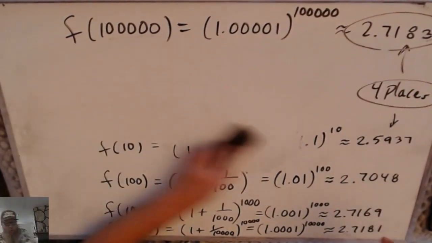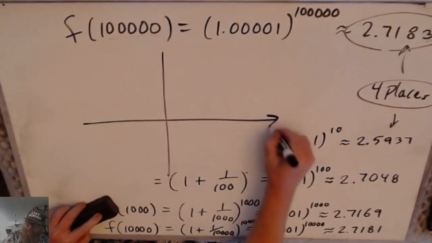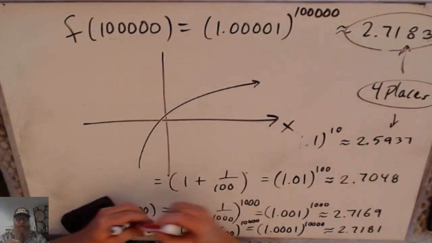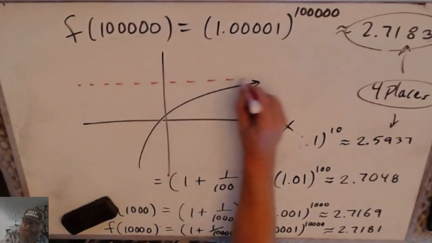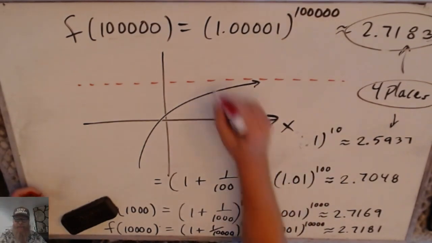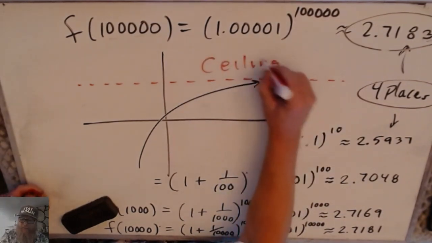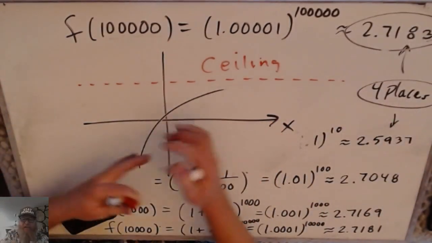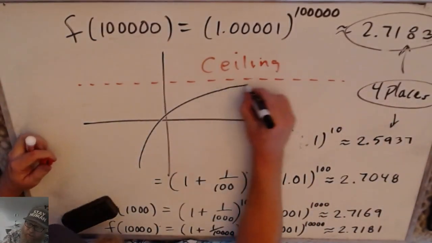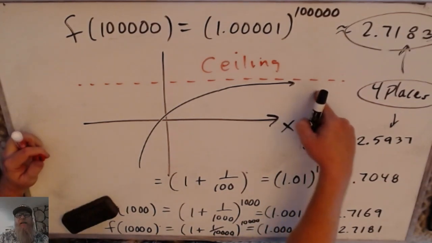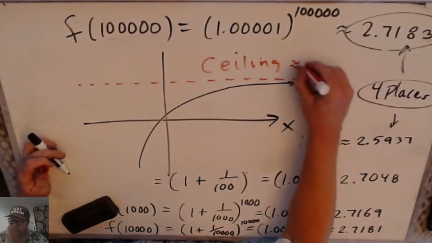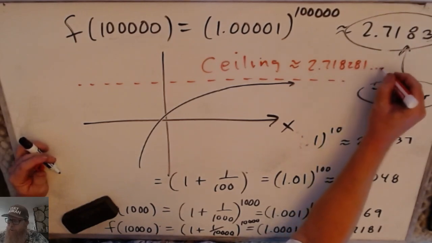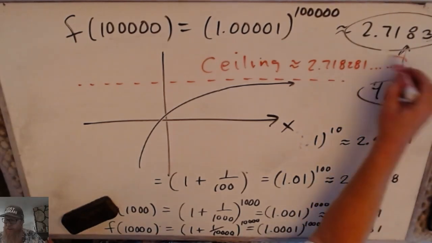So as x goes to infinity, there is a ceiling, which the graph will never, ever breach. It stays always underneath this ceiling. And that ceiling is approximately 2.7182818828, and so on and so forth.